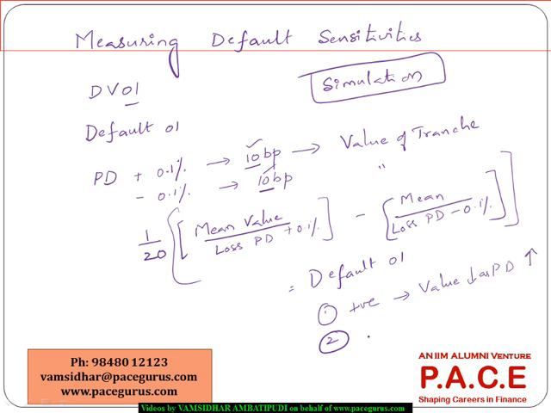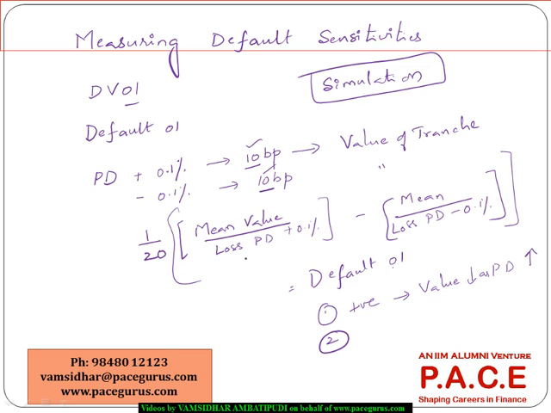As the probability of default is increasing, the default 01 will keep increasing because the value is actually coming down. It means as the probability of default is increasing, the speed at which the value comes down is going to be much higher.